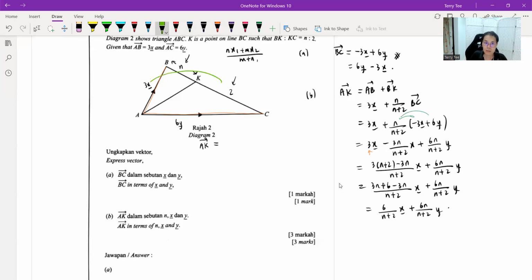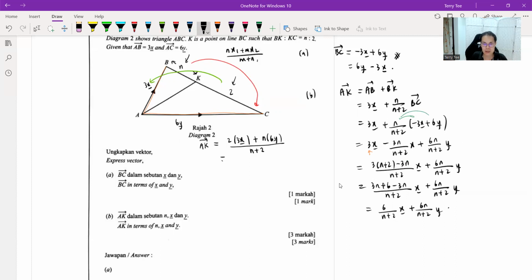So 2 must multiply with 3x and n must multiply with 6y. So we say 2 times 3x, and then n, you multiply with 6y. Your total ratio is m plus n, in this case n plus 2.